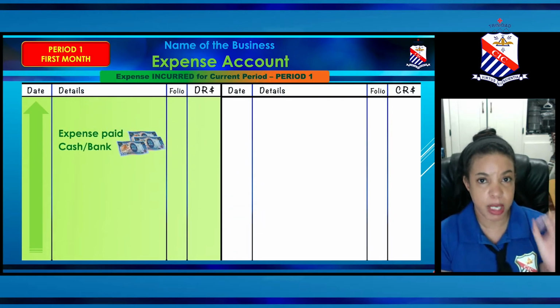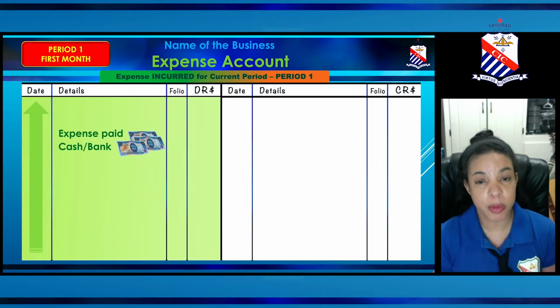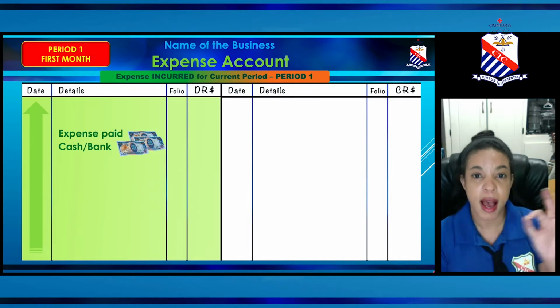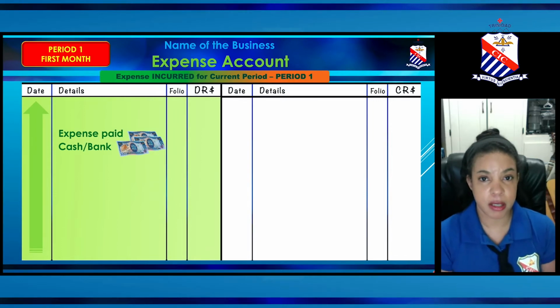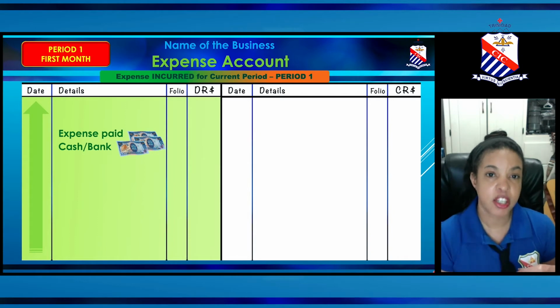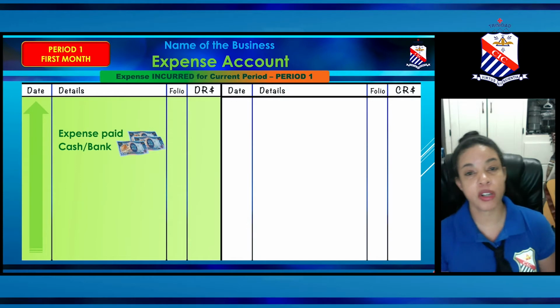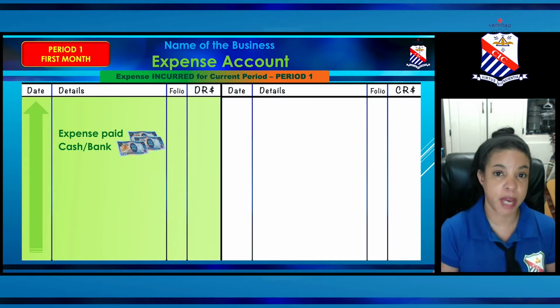Every time we make a payment on that expense, it is recorded in the cash book and in the expense account on the debit side. So during the period, every single time you make a payment, you pay that expense, you are going to record it on the debit side of your expense account.